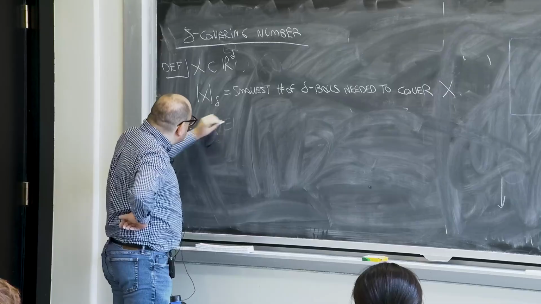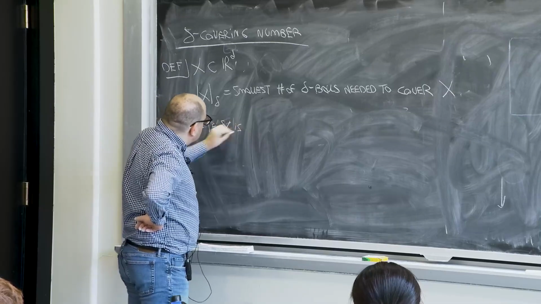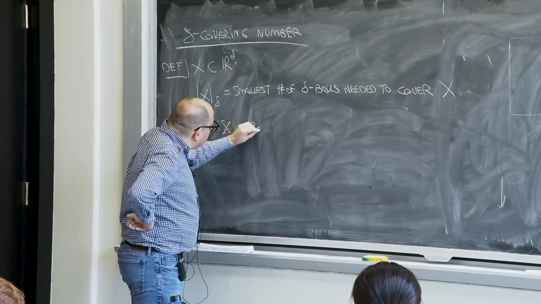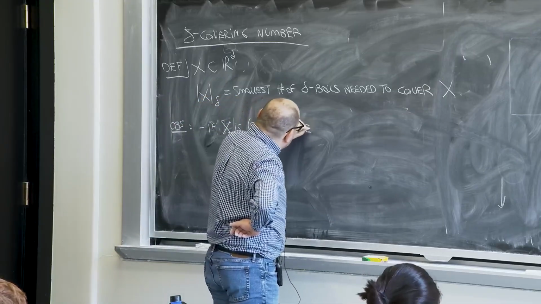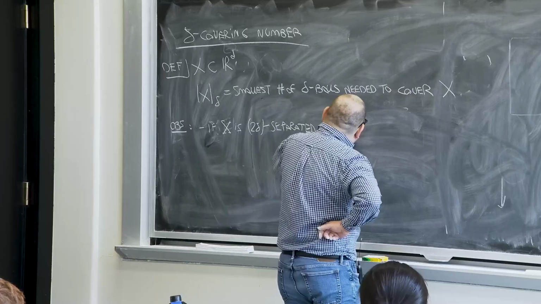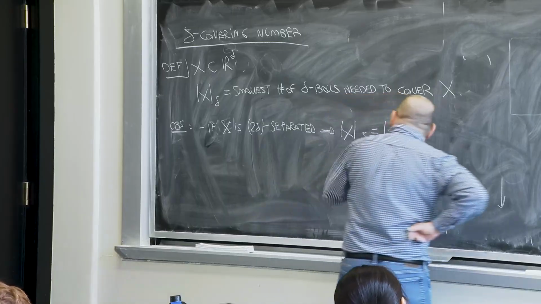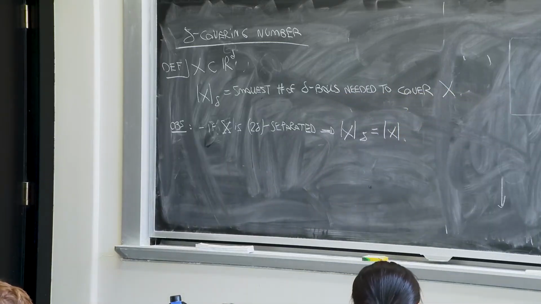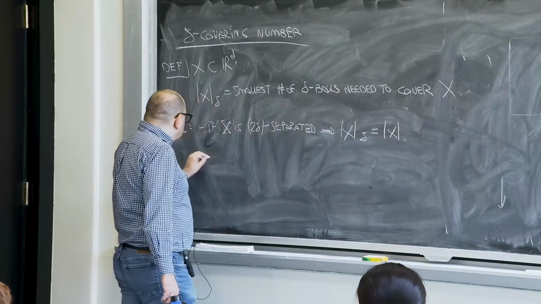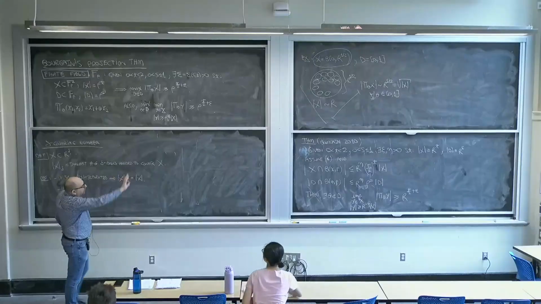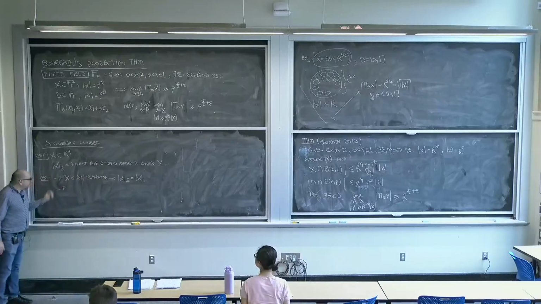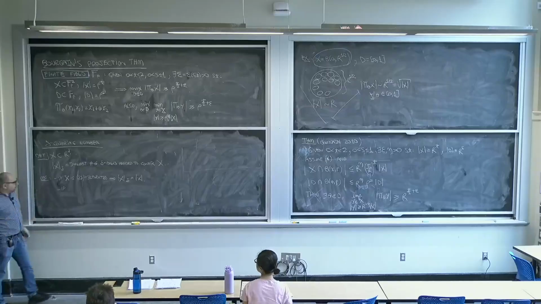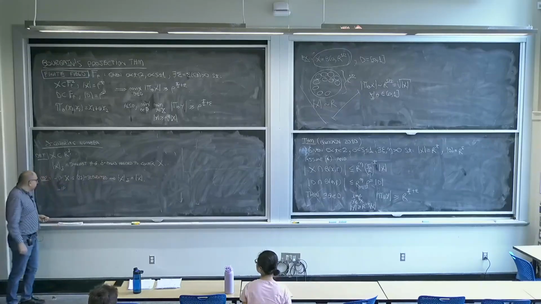If X is, to make it really trivial, 2 delta separated, then the delta covering number is just the cardinality, because for each point in the set, we need a different ball. This will be the case for D. D is delta separated, but 2 delta separated versus delta separated doesn't make a big difference.